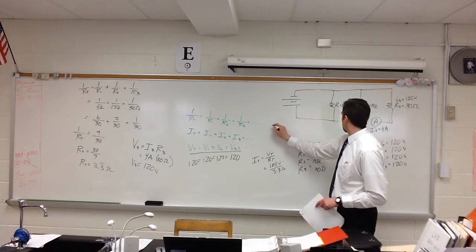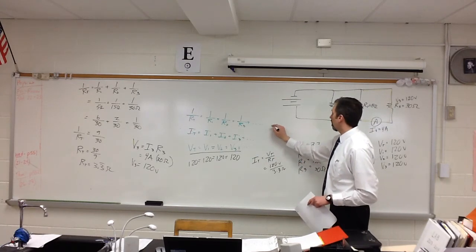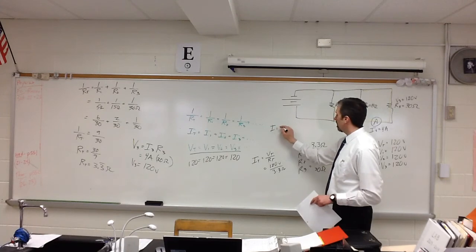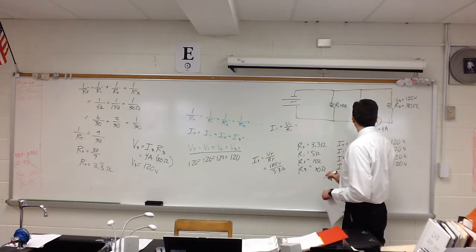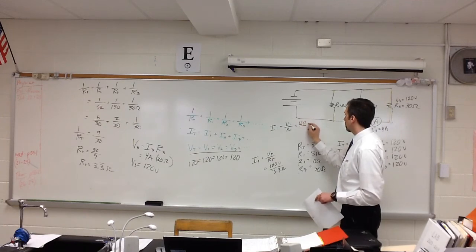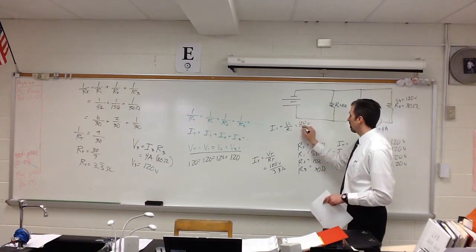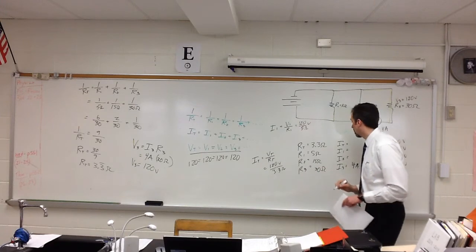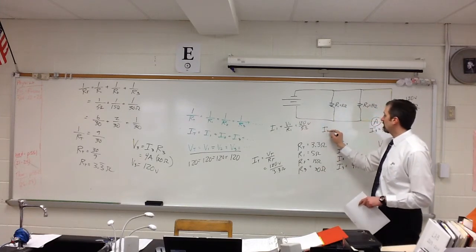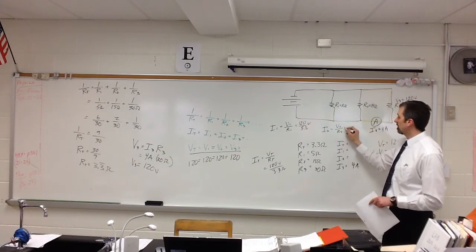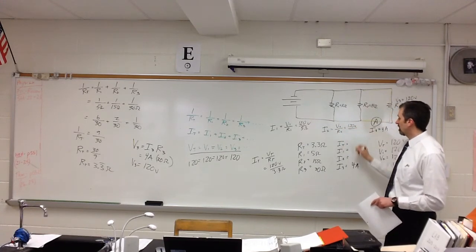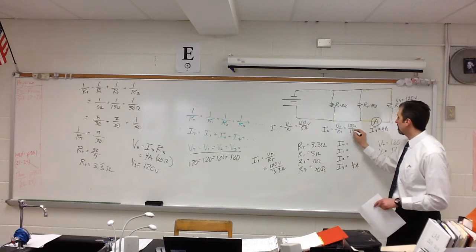Or if I'm looking to find I1, that would be V1 over R1, or in other words, 120 volts over 5 ohms. And finally, I2 would be V2 over R2, so it would be 120 over 15.